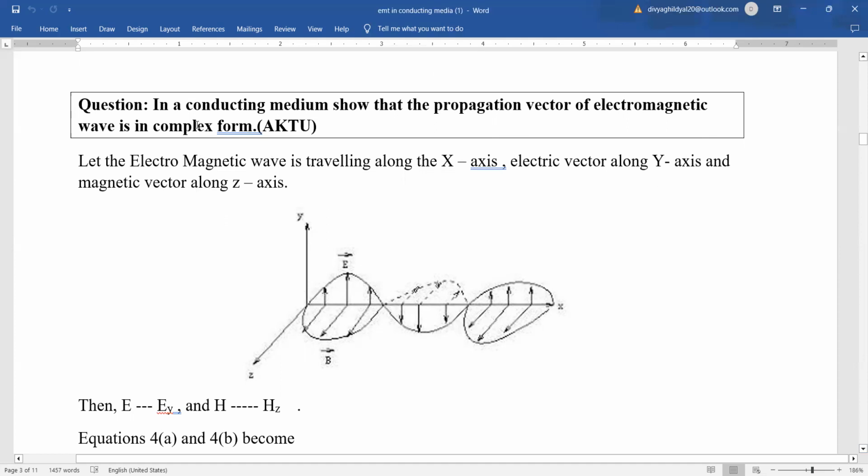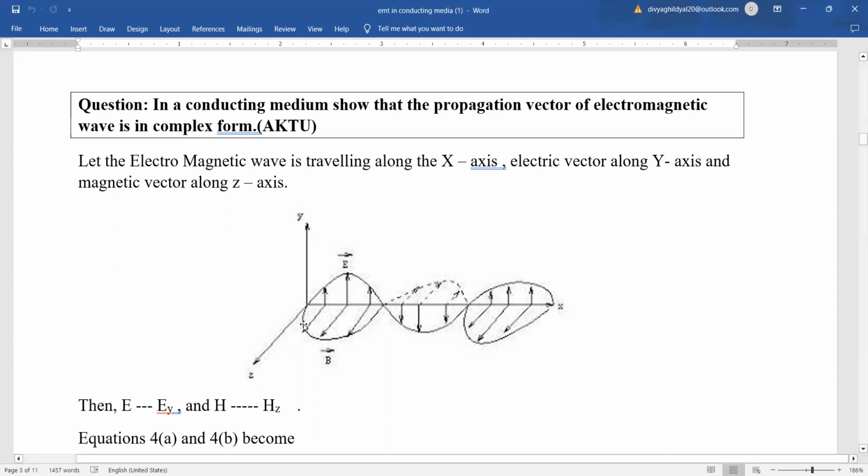That means K is equal to alpha plus i beta, where alpha is the real part and i beta is the imaginary part. So we have to prove that for a conducting media, this electromagnetic wave has a propagation constant vector in a complex form.